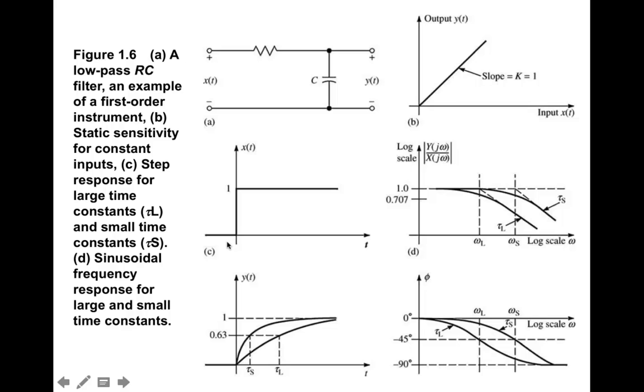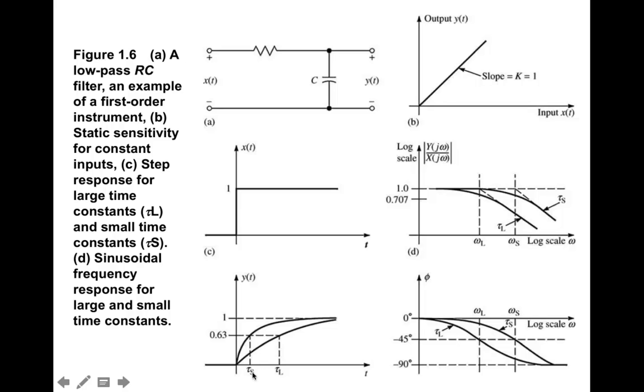Because those components are filtered out to a great extent, you're not going to reproduce the sharp edge of the step if you're putting it into this filter. So you're going to have a function that smoothly approaches 1 with some time constant.